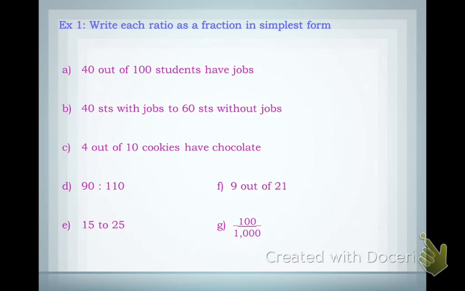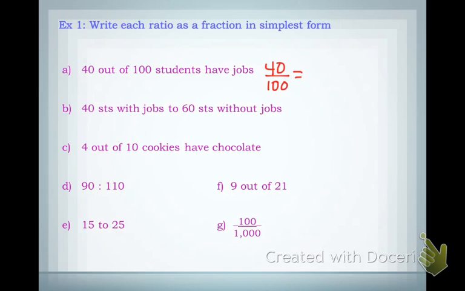So we have example 1. Write each ratio as a fraction in simplest form. It says 40 out of 100 students have jobs. So first I'm going to write the fraction as it is. So it's 40 out of 100. And I can reduce.